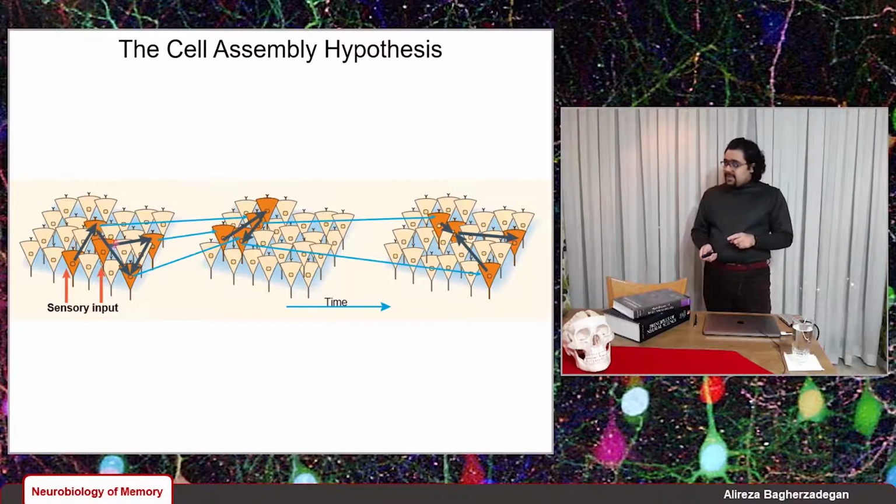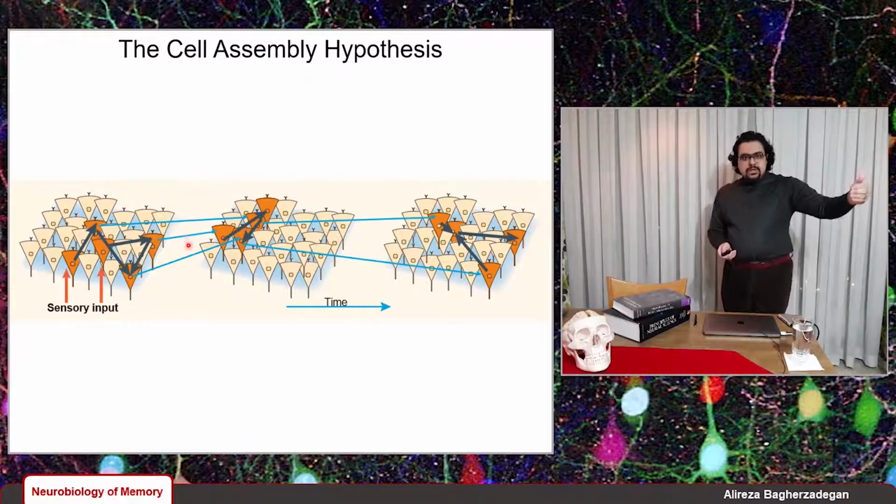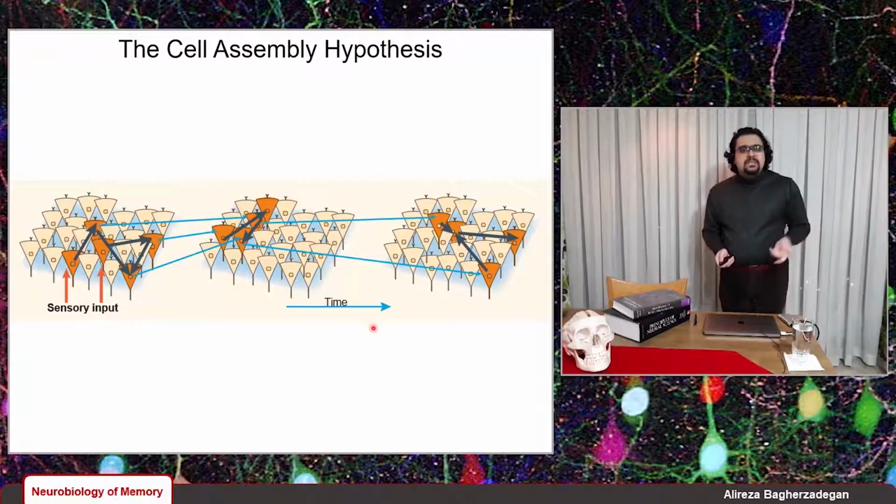At this moment, because there are some inter-assembly connections, represented in this figure by these blue arrows, they are going to subsequently activate a new cell assembly or a new set of cell assemblies, okay? And by doing that, they create a phase sequence.